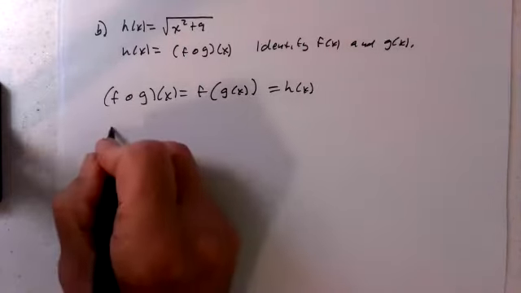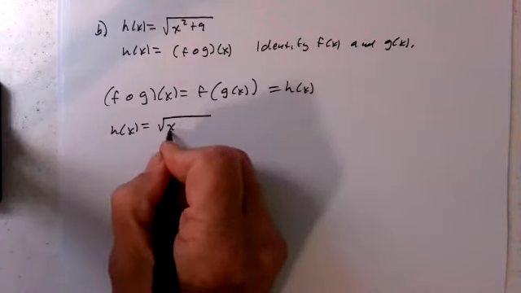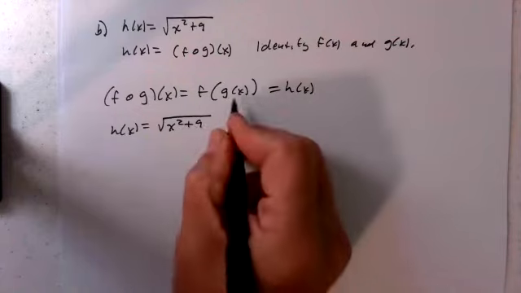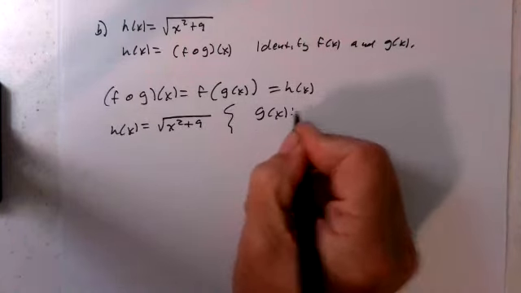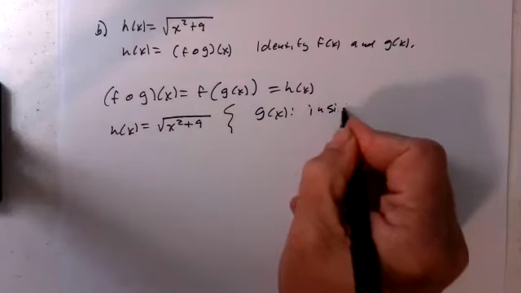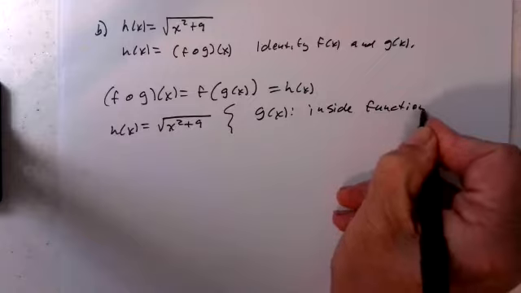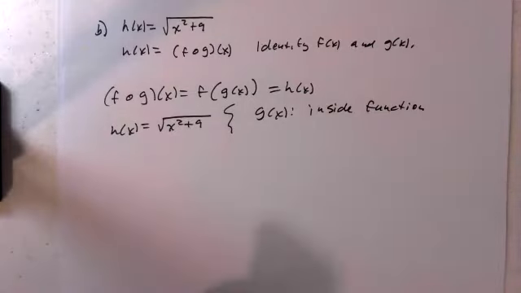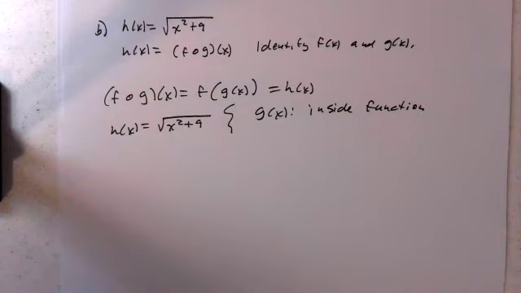And what is h of x? H of x is the square root of x squared plus 9. G of x is the inside function. So if I look at h of x, what is on the inside? And I hope you can see that it's going to be the x squared plus 9 part.